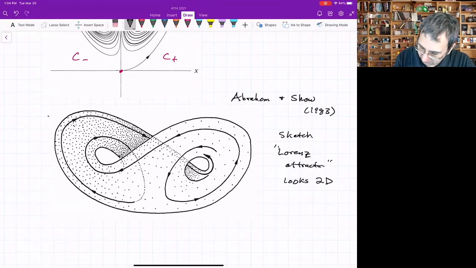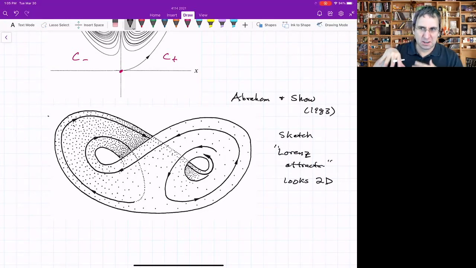It looks 2D. Later, when we talk about fractals, you could try to calculate what the dimension of this is, and it's something between dimensions 2 and 3. Whatever you want to make of that. I think the same thing is true if you take a piece of paper and crumple it up. When it's flat, it's 2D, and if it were a ball filling space, it would be 3D, but somehow crumpling it up makes it into a fractal, so it's something between 2 and 3 dimensions.